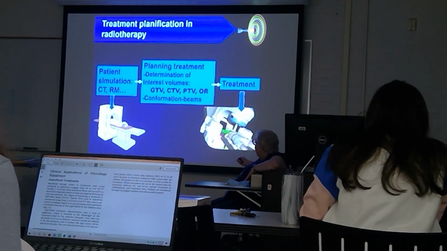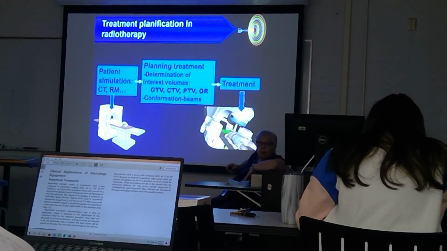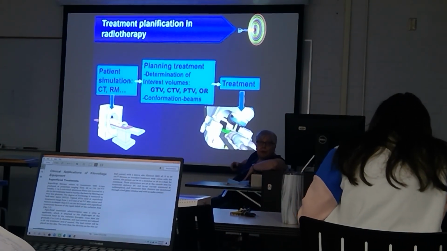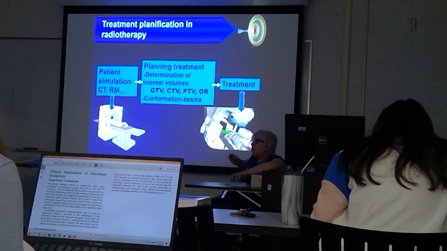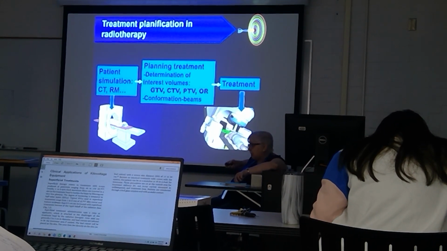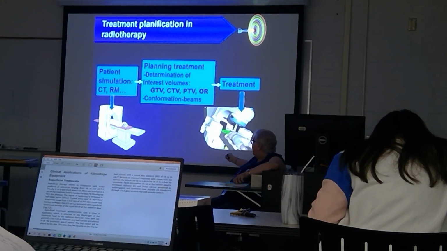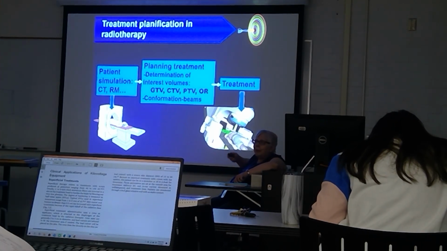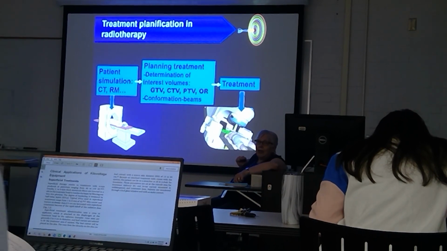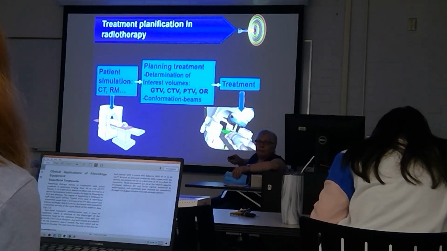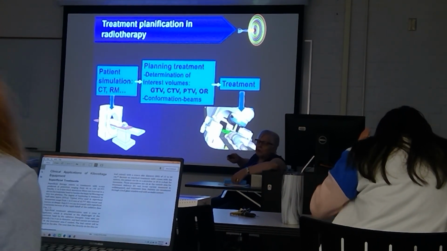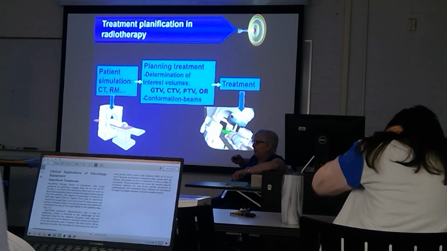You do the MV imager for portal imaging once every 5 treatments. Has anybody seen that done yet? Yeah. So that can also be classed as IGRT, because if you take an MV image just before you treat the patient, then that is an image-guided radiation therapy field, although it's not usually meant that way.